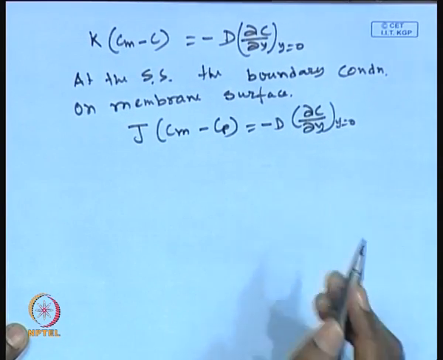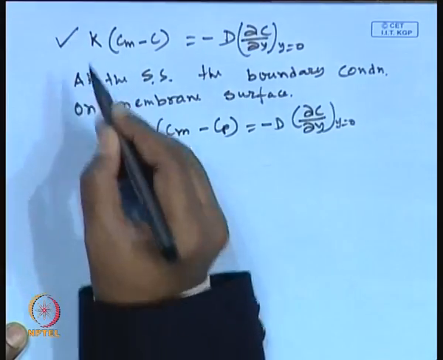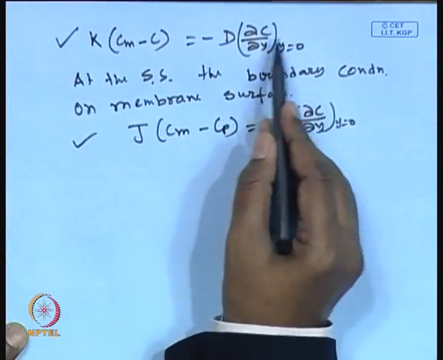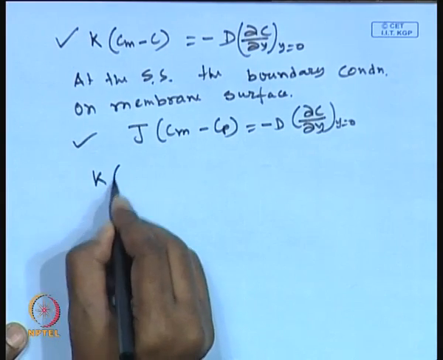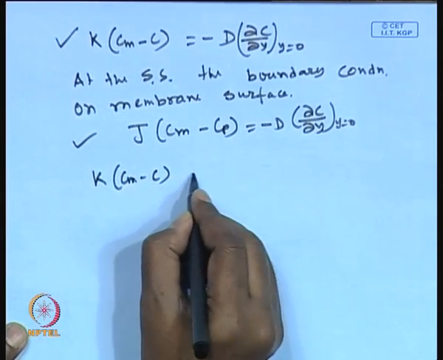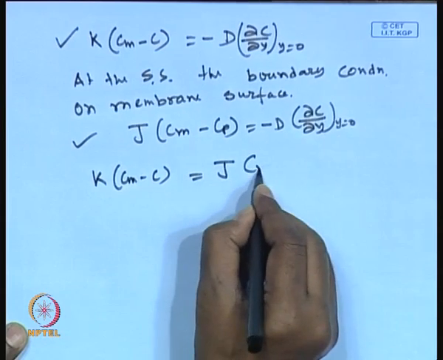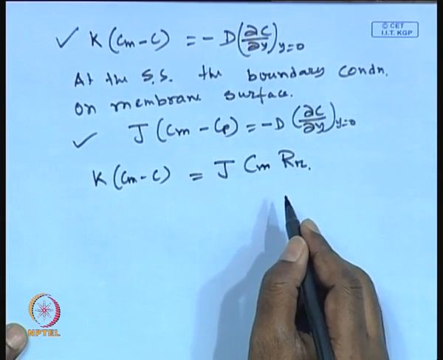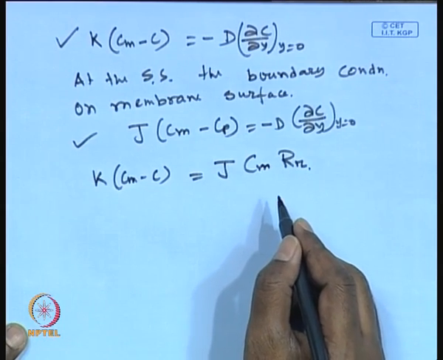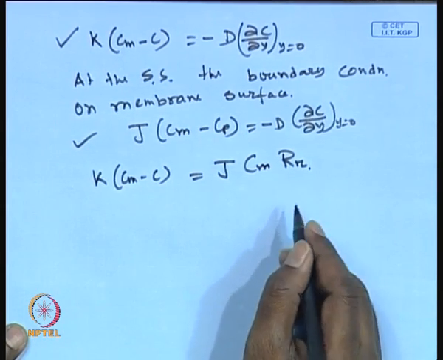That we have already used so many times. Now, I will equate these two equations because the right hand sides are the same. So, you will be getting k times (Cm minus C) is nothing but J times Cm times the real retention RR. I eliminate Cp in favor of Cm multiplied with the real retention RR, which is constant.